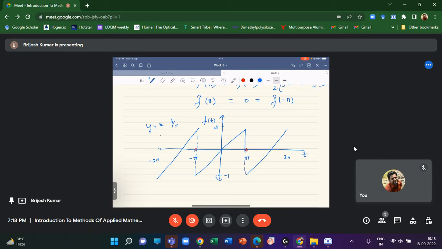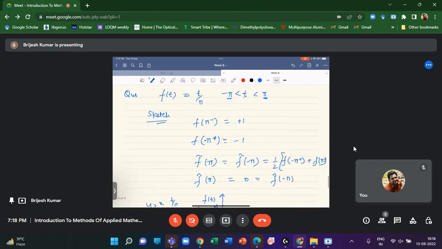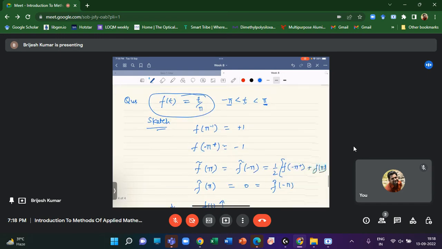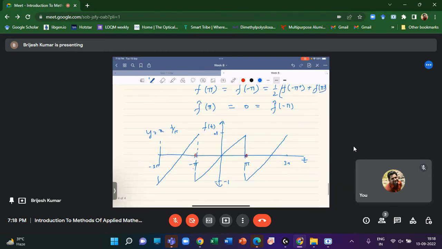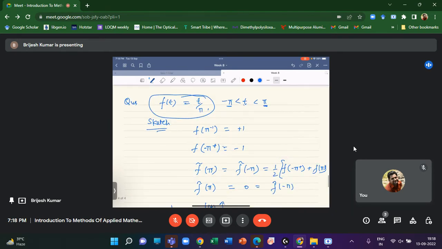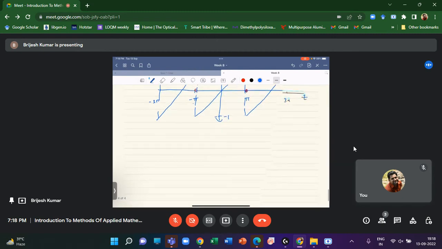So this will be the function which is defined by the signal. Later we will write this function as a Fourier transform, but not now.